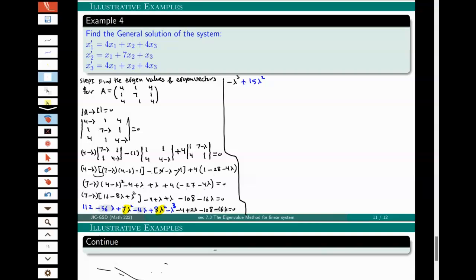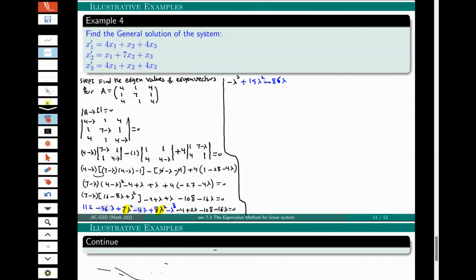Anyway, mistake. Anyway, we are right. So we have minus 56, minus 16, okay, plus 2, minus 16, that's minus 86. It's minus 86 lambda. I hope there is no mistake.